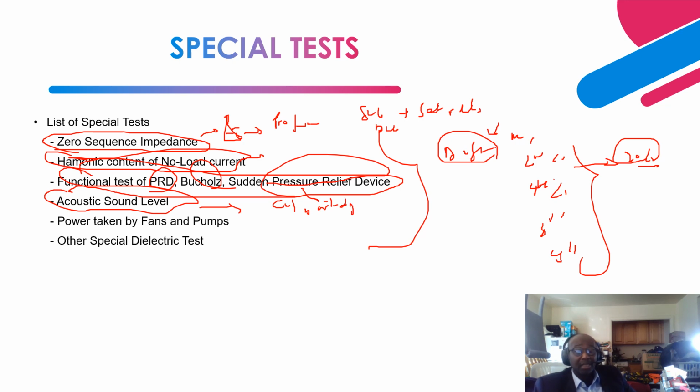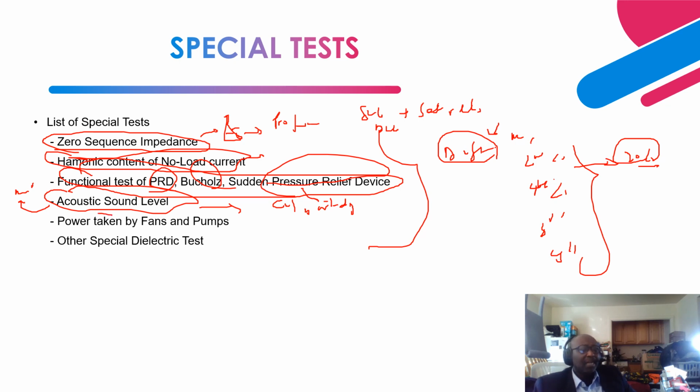So the customer will go to the city and ask for its noise emission acceptance level, and that is what the customer is going to provide to the manufacturer, or the vendor, that you need to meet this noise level emission, and the testing is done to achieve that.